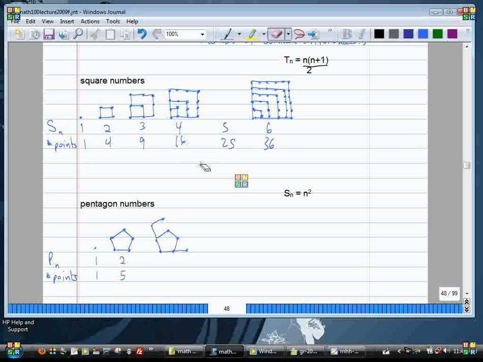I know what I did. That one's too short. Drawing pentagons is hard. Kinda lopsided. But that's it. So my third pentagon has how many dots in it? 12.